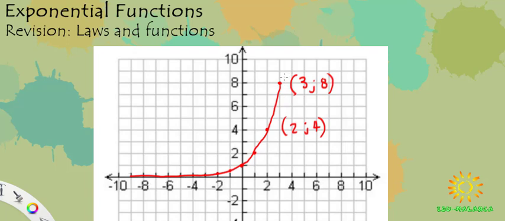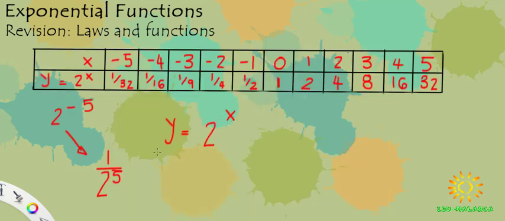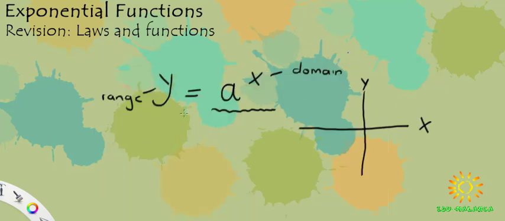Now taking a look at just this graph, what we're going to do now is just discuss some key features of it. These are key features that are applicable to many or most exponential functions, especially when it's in the most basic form, which is y is equal to a to the power of x.